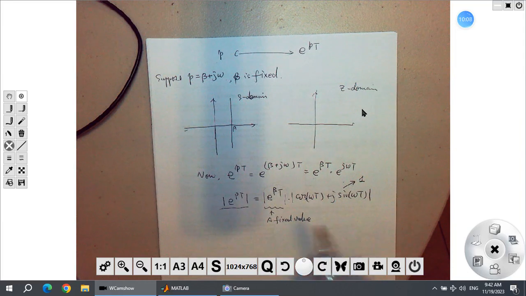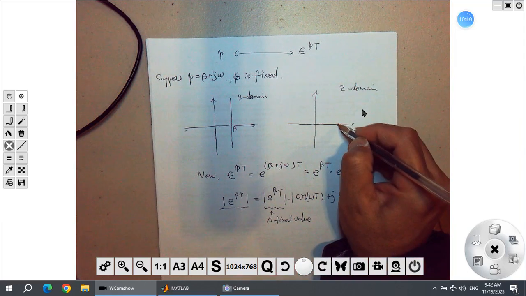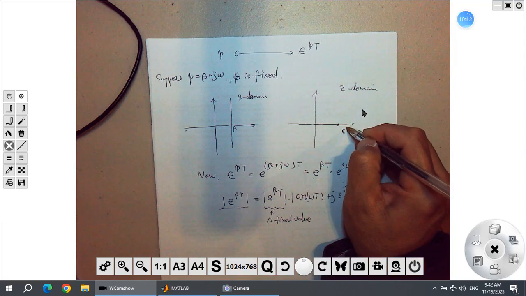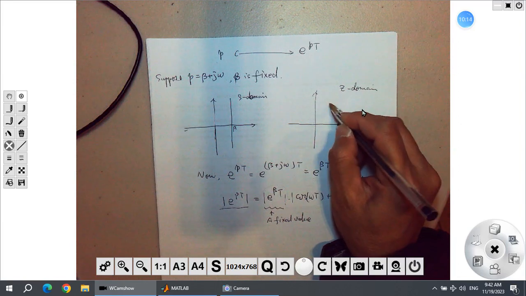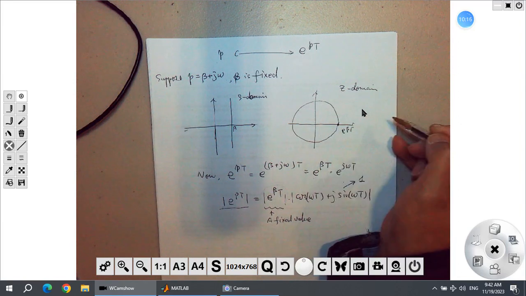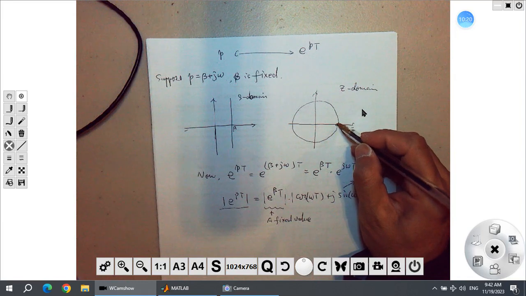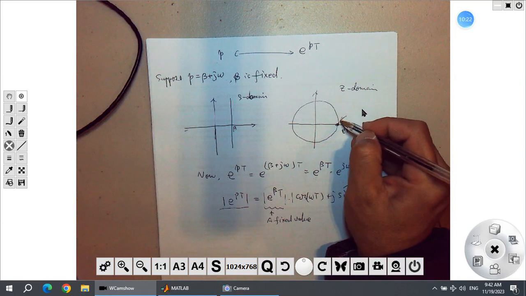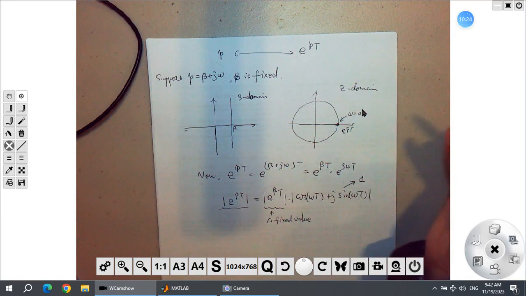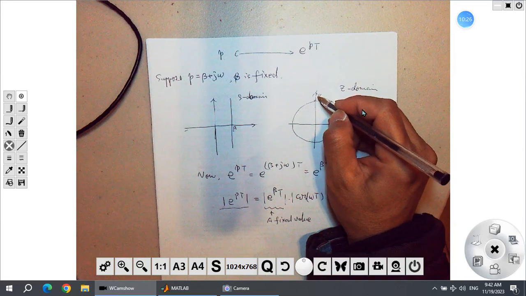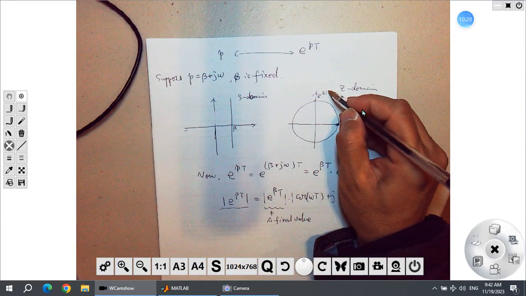So you can see, suppose here is just e to the beta t, then you will have this curve, right? Here is omega equal to 0. And here, the angle is omega t.